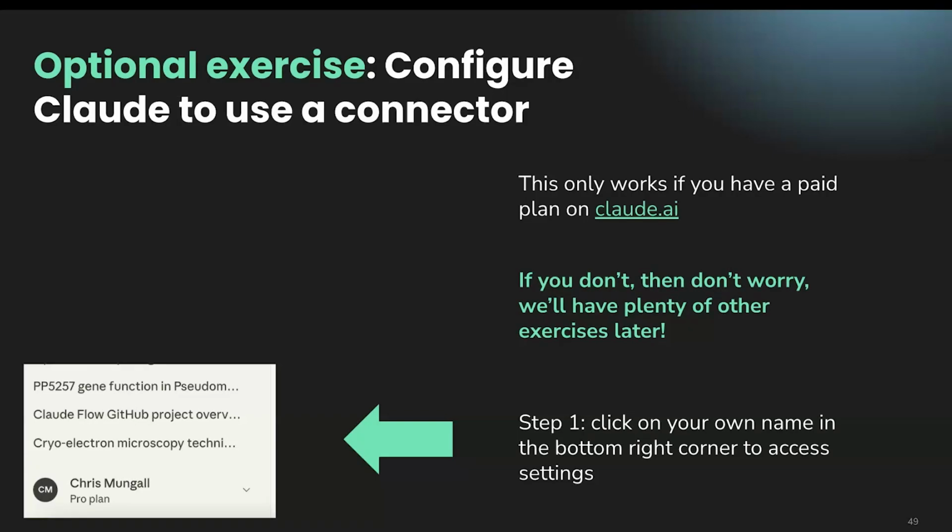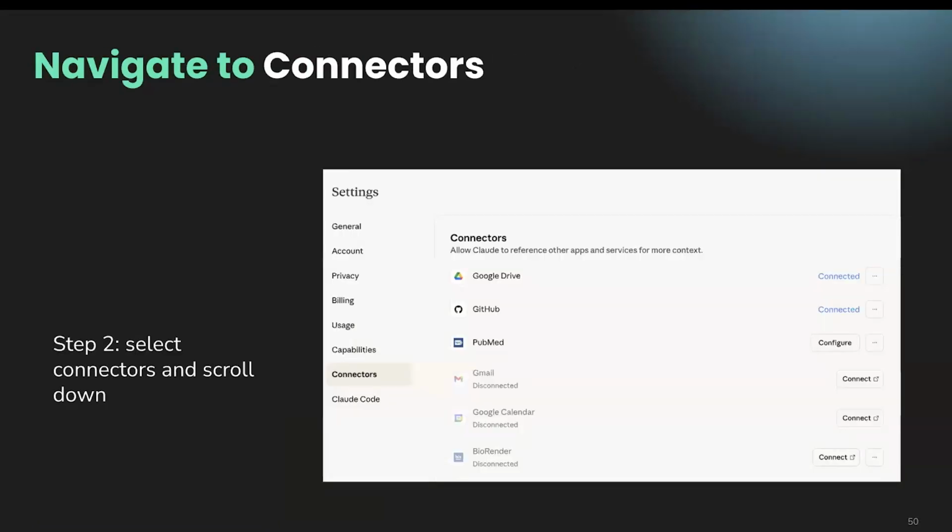If you did have these, the instructions are for Claude. So if you were to go to Claude.ai, if you did have something like the basic plan there, you would go down to your name in the bottom left of the screen, and you'd click on your name. That would take you to the settings menu. From that settings menu, it would take you to a list of connectors.